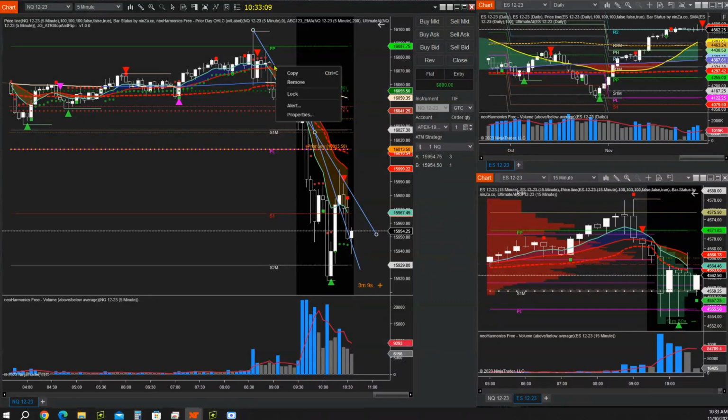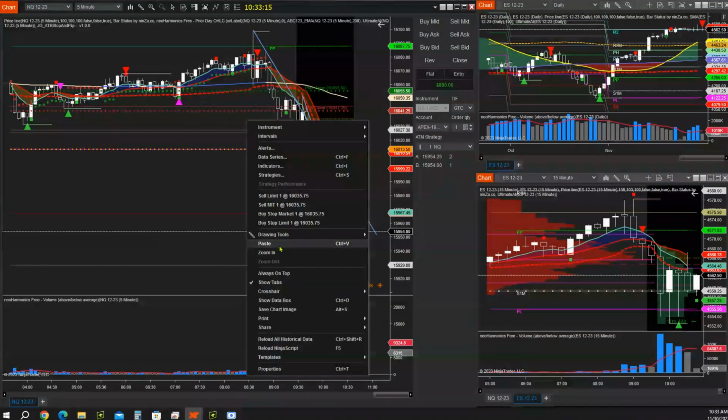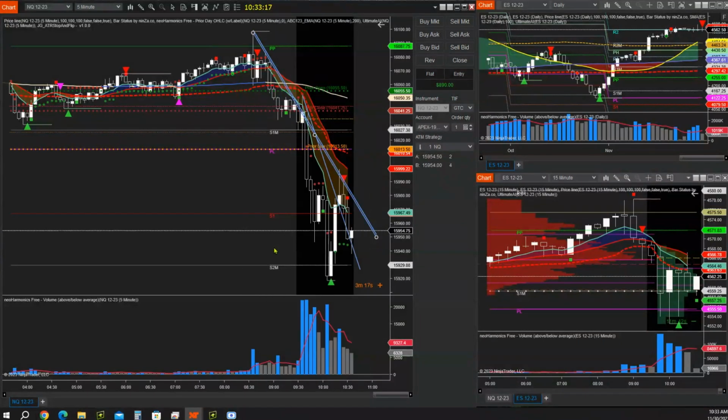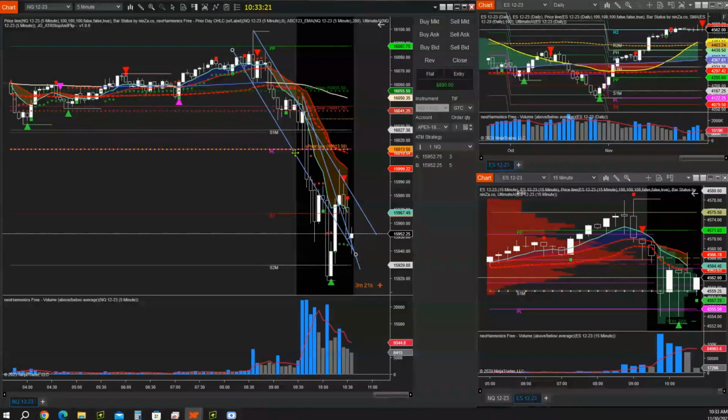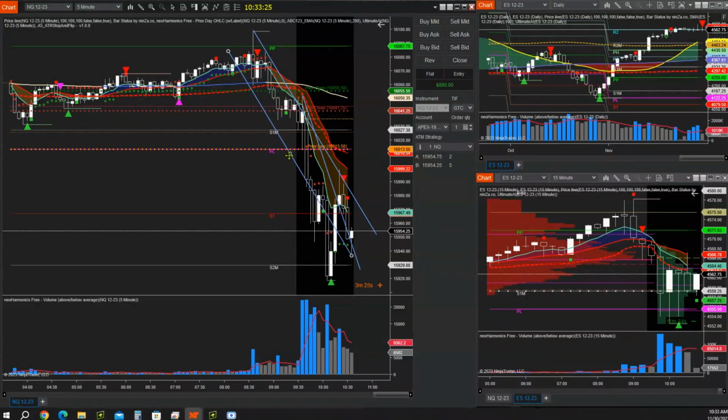Because if you copy and paste that, that's kind of the bottom of that trend, but that could be a midline. Either way, you're overshooting the trend.